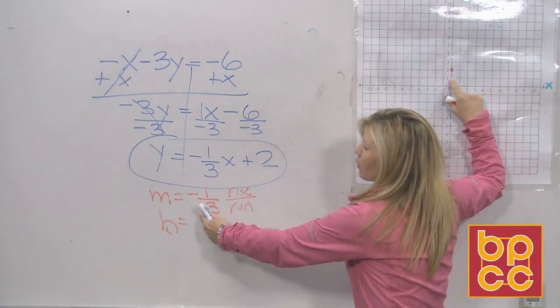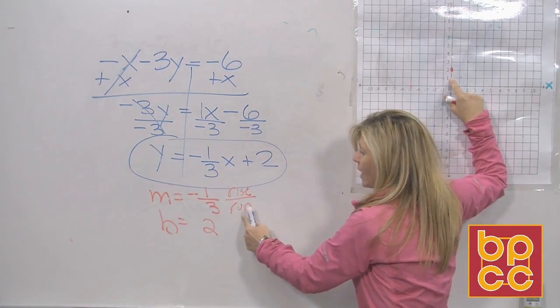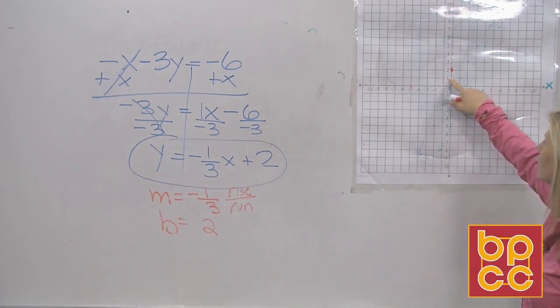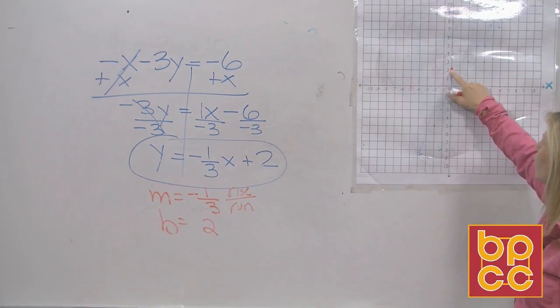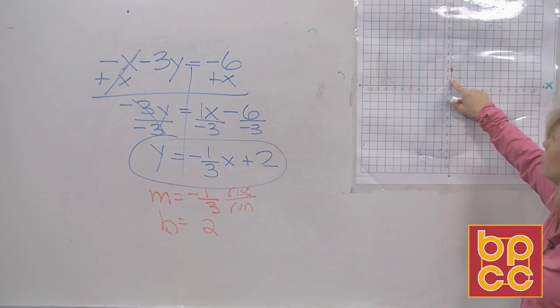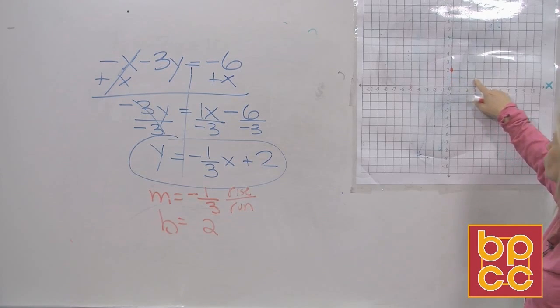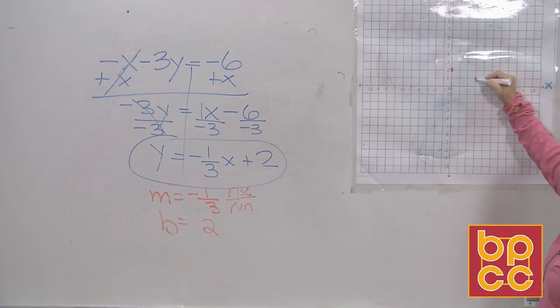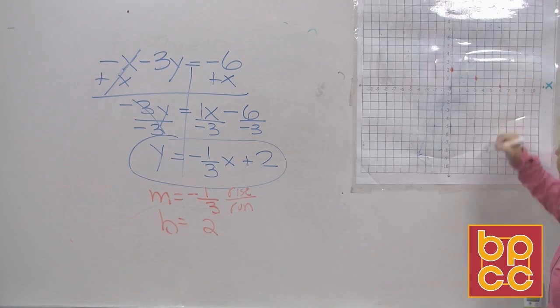So if the numerator is negative for slope, you're going to go down. Your denominator is still positive. Running is right or left. If it's positive, you're going to run to the right. So that slope's telling me to go down 1, to the right 1, 2, 3. And that's where I put my next point. And you can do it as many times as you want. Down 1, to the right 3.